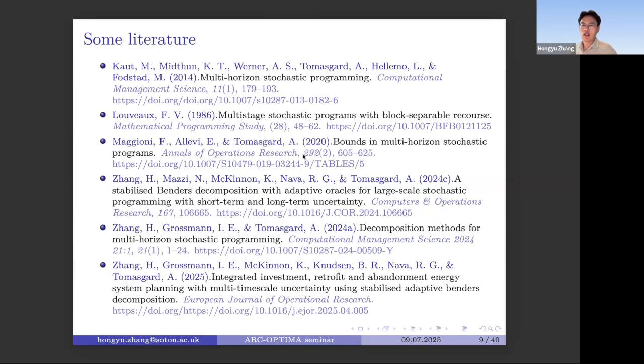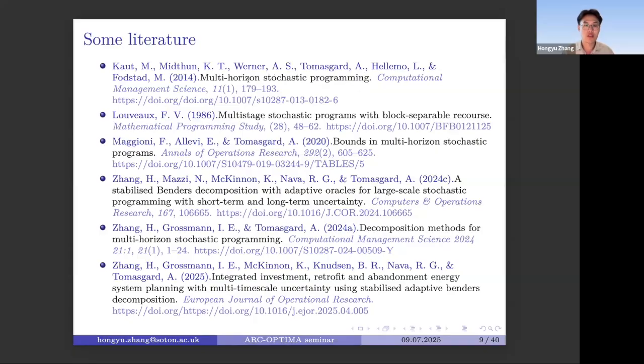So that's why we dug into the literature to see what kind of modeling approach we can use to model the multi-timescale uncertainty efficiently. And eventually we found this multi-horizon stochastic programming, which I will explain in the next slide.